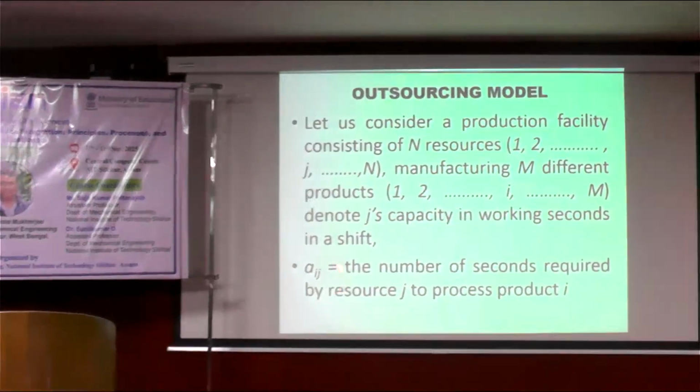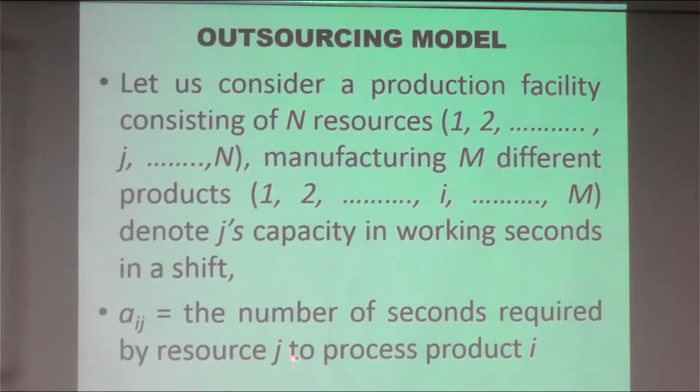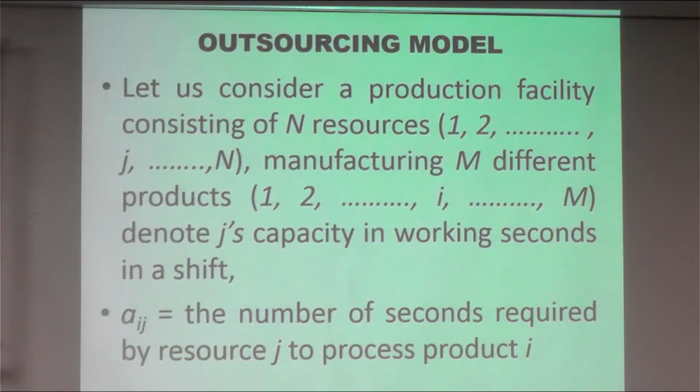Now Aij is the number of seconds required by resource j to process product i. Out of all these resources, Aij means how much time or how many seconds are required by resource j to process one piece of product i.